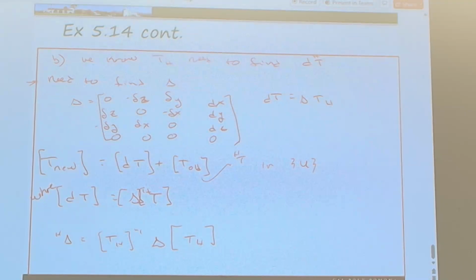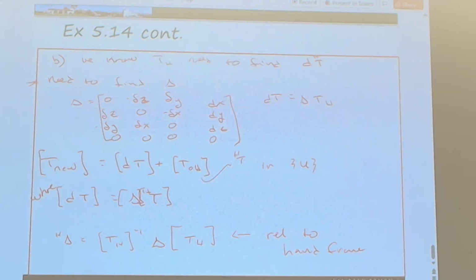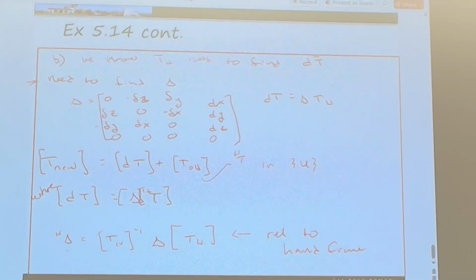So this is going to be relative to the hand. Remember the delta with the little T in the corner? That's what he's doing, relative to our hand. So once we have our delta H right here, we can apply our delta H to our TH, and that's going to give us our delta T relative to our H frame.